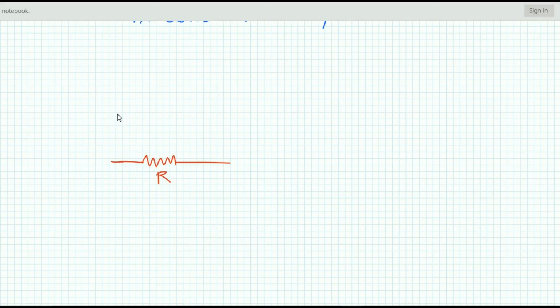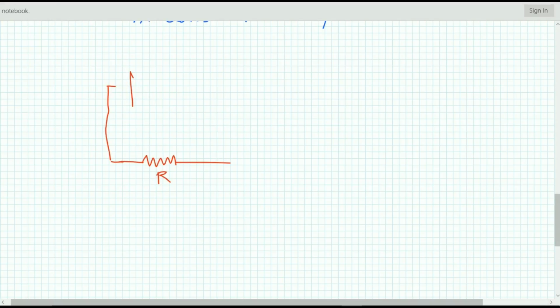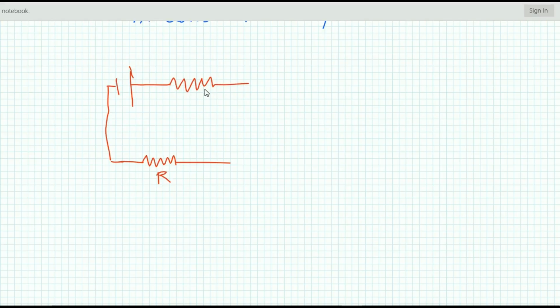Then what will I do? We will connect a voltage source to maintain a current across this conductor. Thereafter we connect a variable resistor, which is represented with this symbol. It is also called a rheostat, and we will connect a switch in series like this. It is called a push switch.